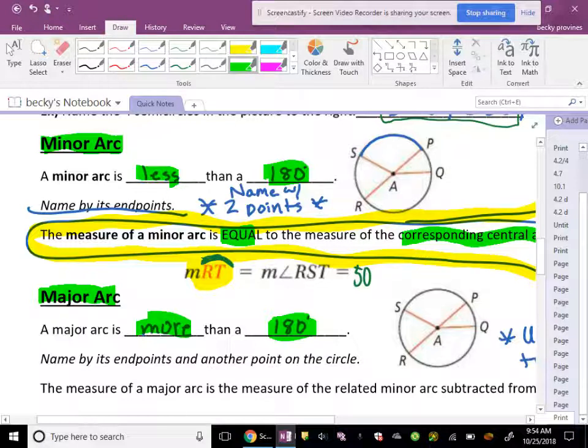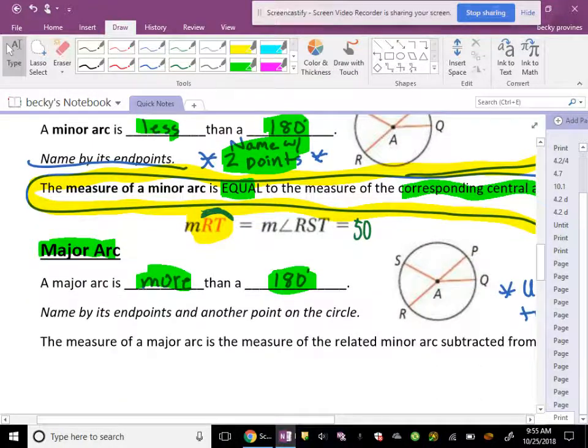Now, remember, we use 2 points when it's just the closest distance. So normally, minor arcs only have 2 points. But when you're dealing with major arcs, these must have 3 points.